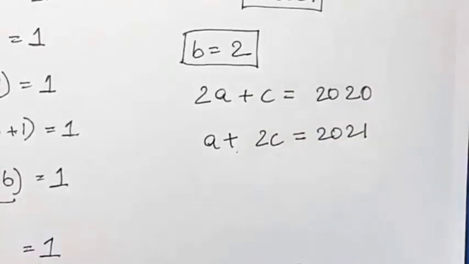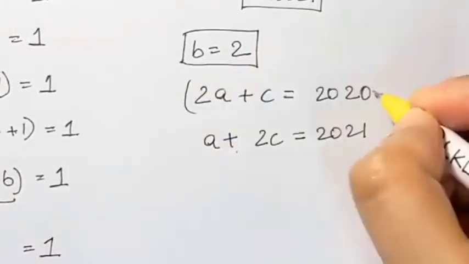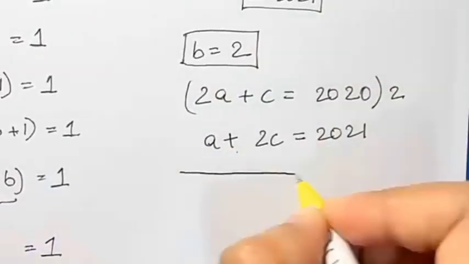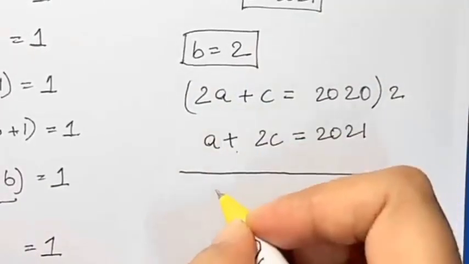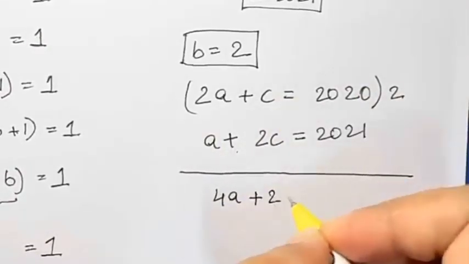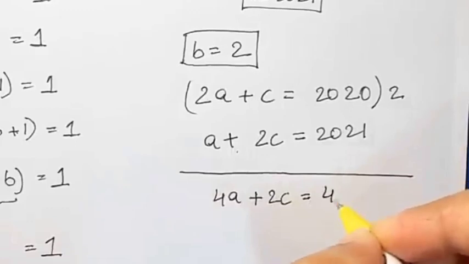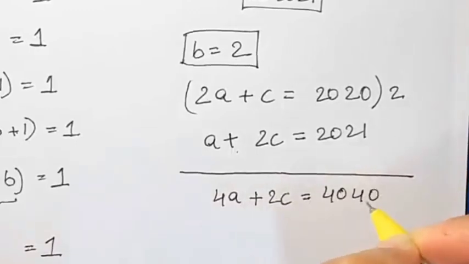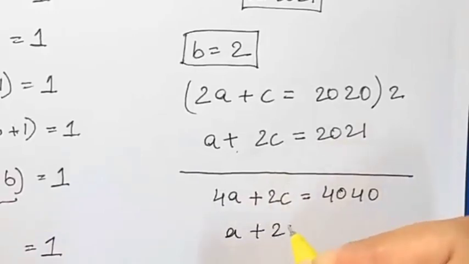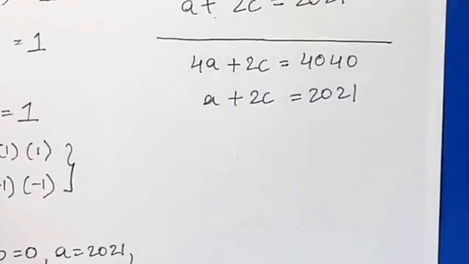To eliminate a variable, we need to make it same. So we are going to multiply this whole equation by 2. So what do we get? We have 2 times 2, that's 4A plus 2C is equal to 4040. And another equation, I'm going to write that as it is. A plus 2C is equal to 2021. Now we've got two equations to solve.